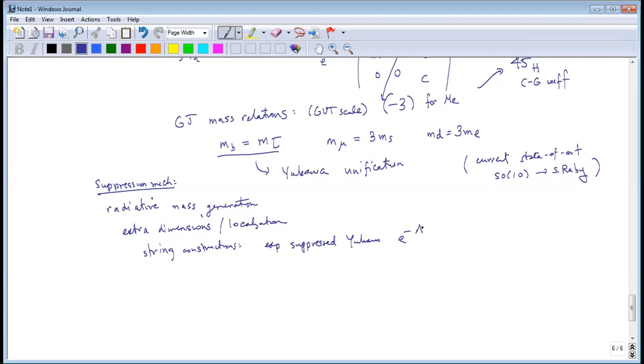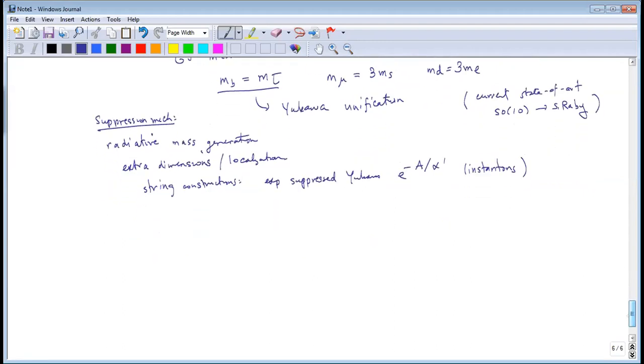Basically, they go like e to the minus some a over alpha prime, where alpha prime is the string tension. Okay, these are because in some cases you can show that these Yukawas are coming from instantons. Okay, for example, in brane worlds, when you have overlapping strings on intersecting branes, etc., you get these types of things. Okay. So that's where I want to leave it for the quarks.